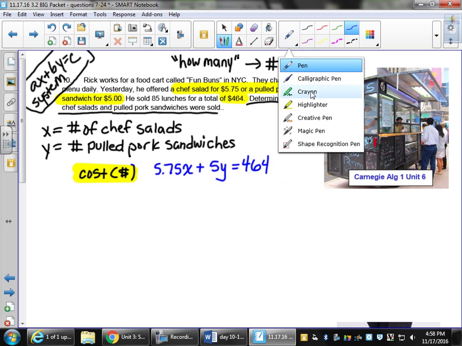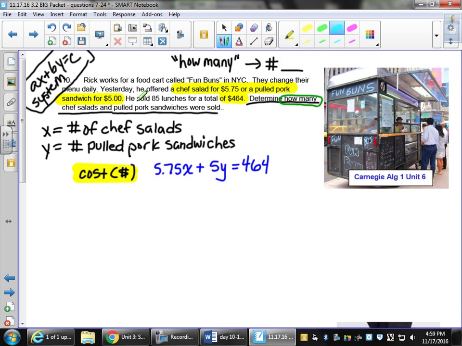So the other piece of information not used yet is that he sold 85 lunches total. That is a total number of items, or total number. So we're going to have a second equation about number.